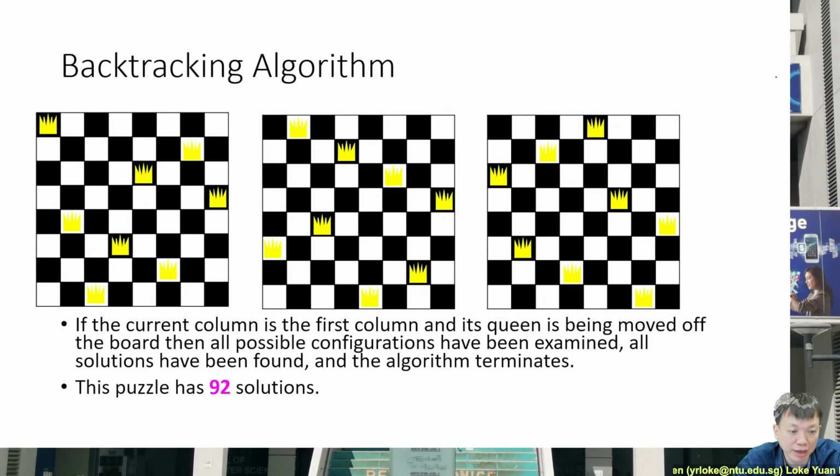You keep trying all the possible configurations which are safe to put 8 queens onto the chessboard. You will find that in total there are 92 patterns which fulfill placing 8 queens onto an 8x8 chessboard, and no queen can attack any other queen in one move.